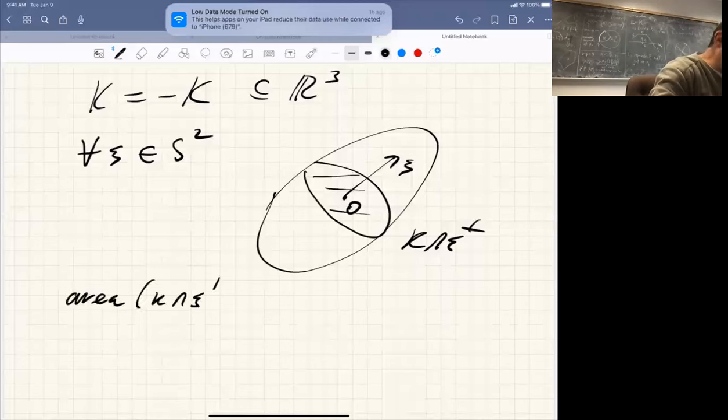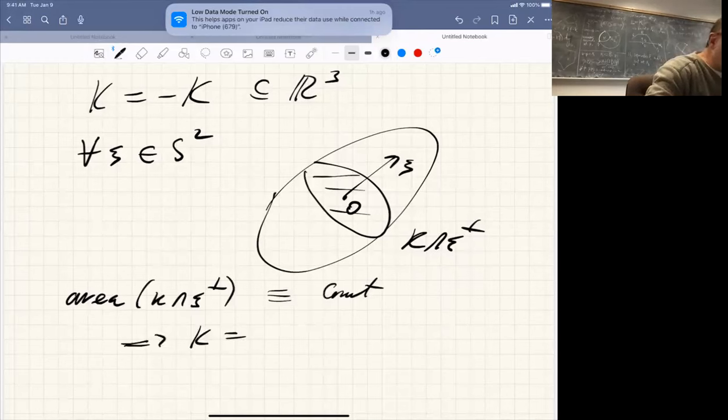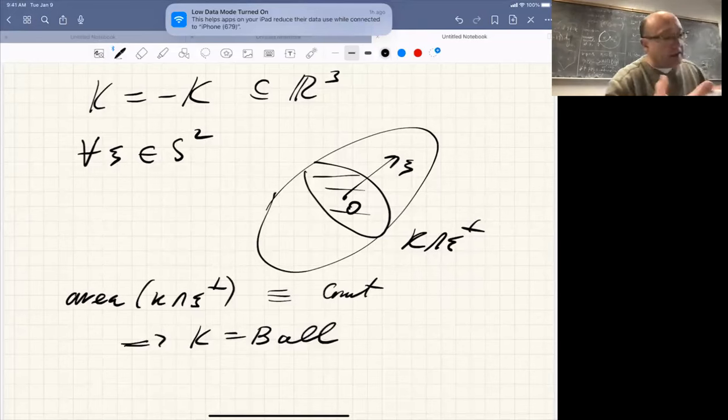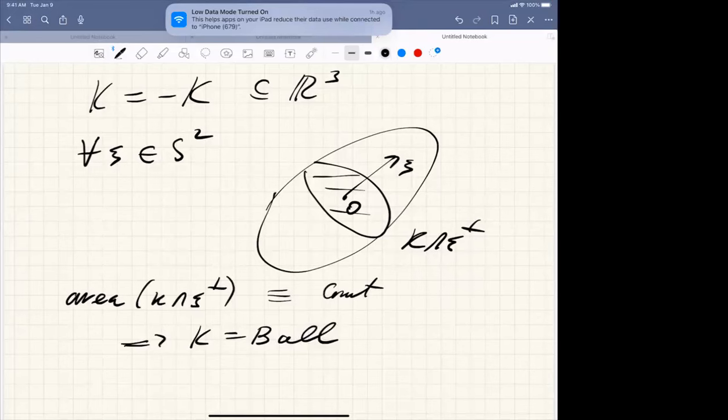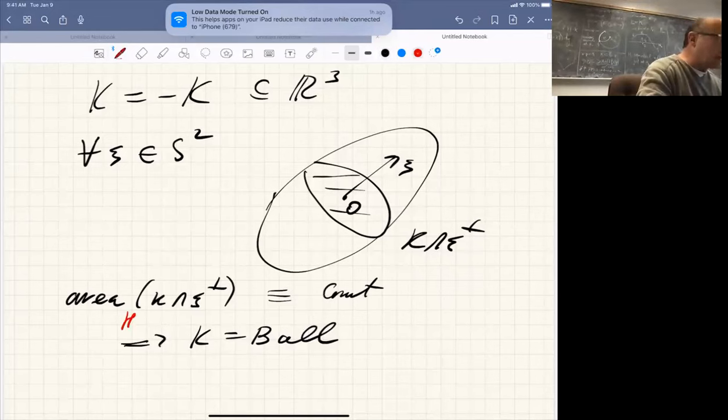All have constant area. Does it follow that K is the ball? This is a very, very easy question, yes? So yeah, I read about it. Yes, the only solution I know is using harmonic analysis. I don't know any other solution.